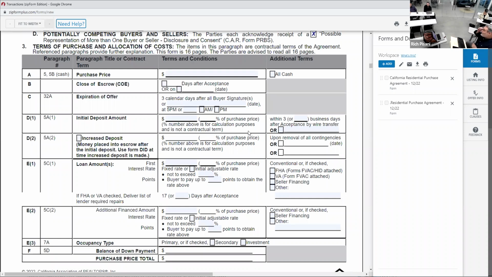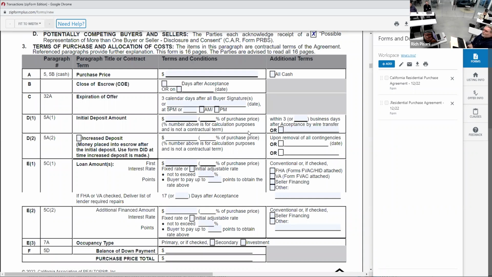And what that's telling you is that there is a paragraph further into this document. If you want more information about this, go to paragraph 5 or 5B. So it's just a reference point. So don't get confused by that second column. So the very first thing is, how much is somebody going to pay for this? And is it all cash?